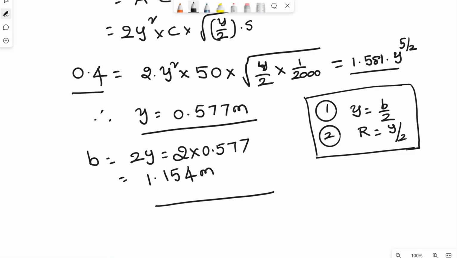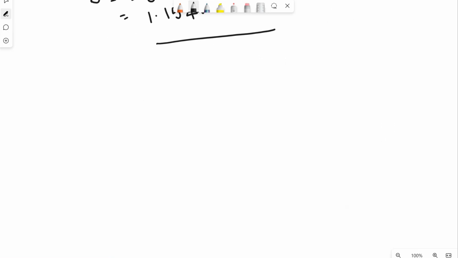So this is the first problem. I will take you through another problem also before concluding this session. Problem 2.